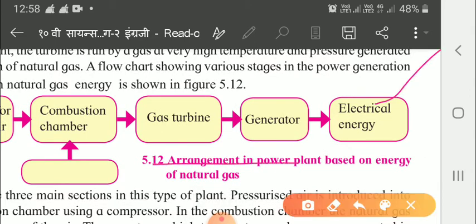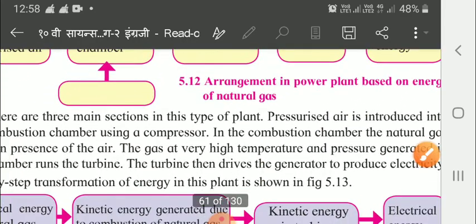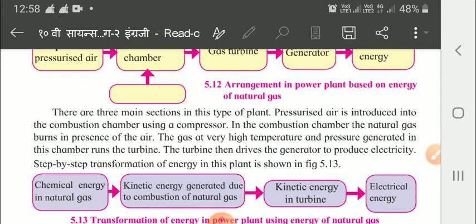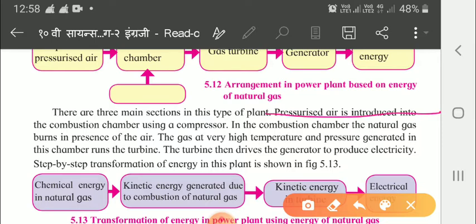Now this is the arrangement in a power plant based on natural gas. There are three main sections in this type. The pressurized air is introduced into the combustion chamber using a compressor.